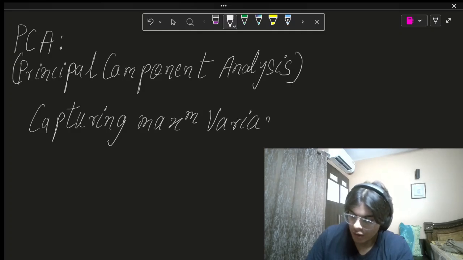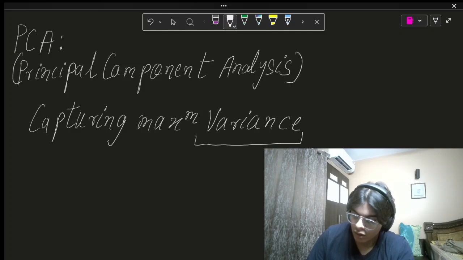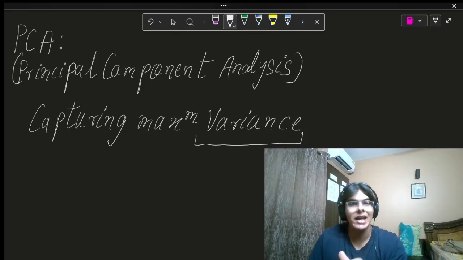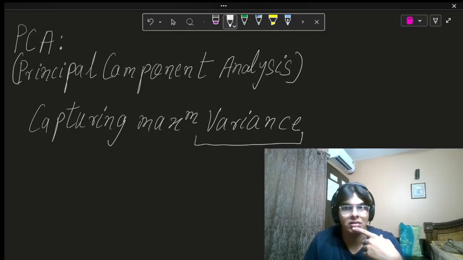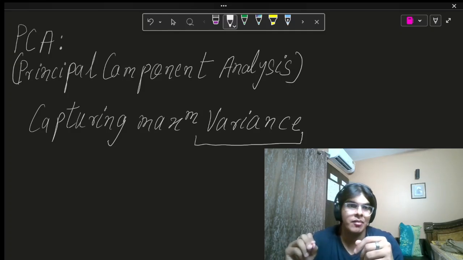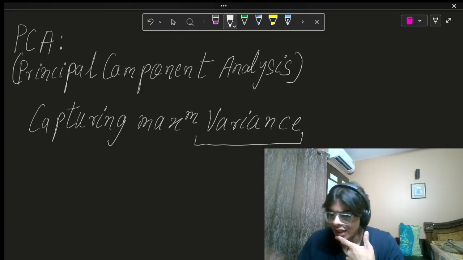Because as I explained to you guys, variance is nothing but the patterns, or the underlying important information in the data set that we actually want for model training. We are after variance. We want the features that carry the maximum variance with us, while we can ignore the others. So we can say we are trying to find a direction of maximum variance.